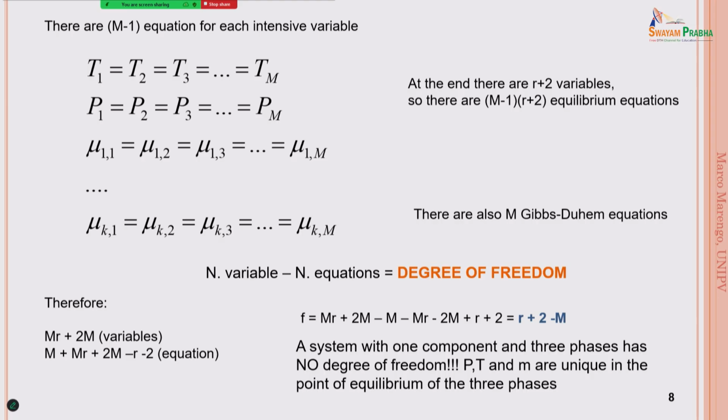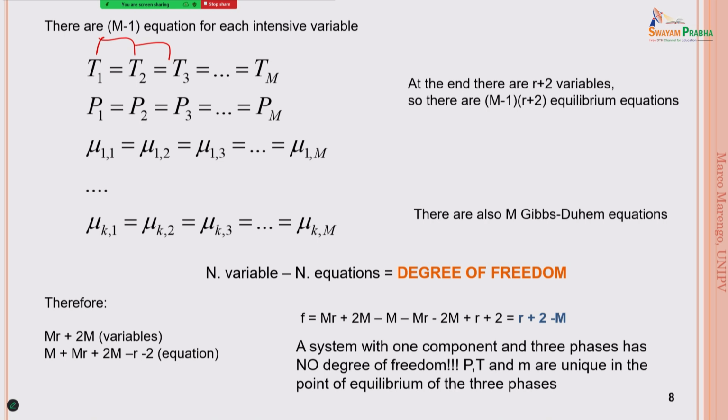Now, as you know, the number of variables minus the number of equations gives the degrees of freedom of the system. So since we have m multiplied by r plus 2 variables, how many equations do we have? Here we have m minus 1, multiplied by r plus 2, and then we have the other ones from the Gibbs-Duhem.